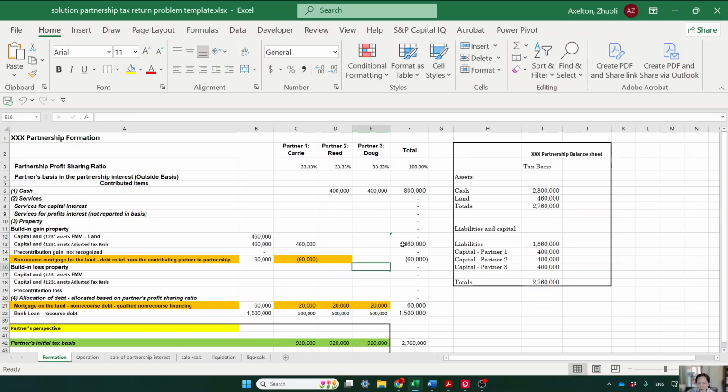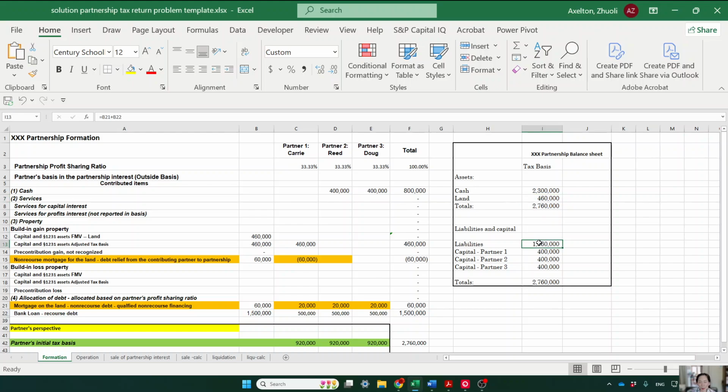Okay. And as far as the opening tax basis balance sheet, when we capture the cash we will include the cash contributed as well as the cash obtained through the debt financing. And the land, the 460,000 will carry the basis carried over from Carrie, the original owner, to the partnership.